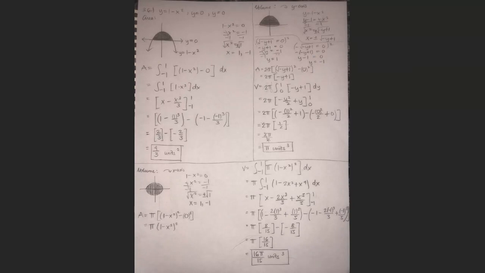Under that, I solve for the volume when the function is rotated about the x-axis. There I graphed the function and the resulting solid. Then same thing, I solved for the points of intersection and found the area to be pi times outer radius squared minus inner radius squared.